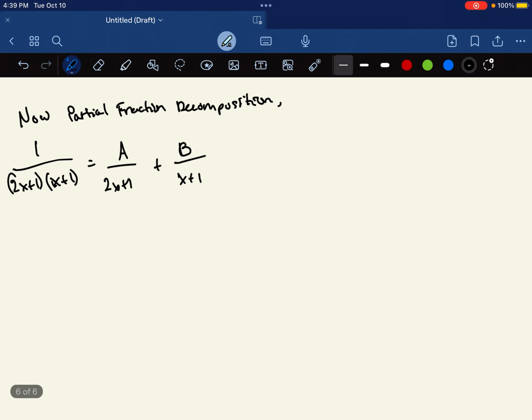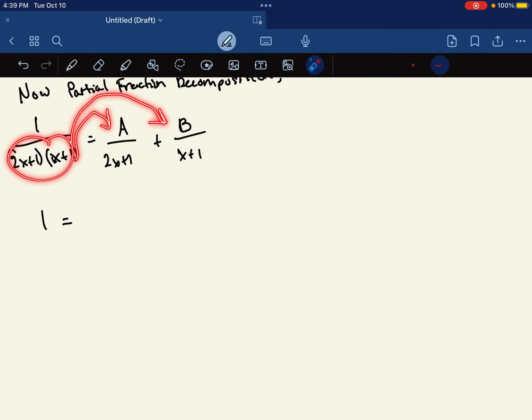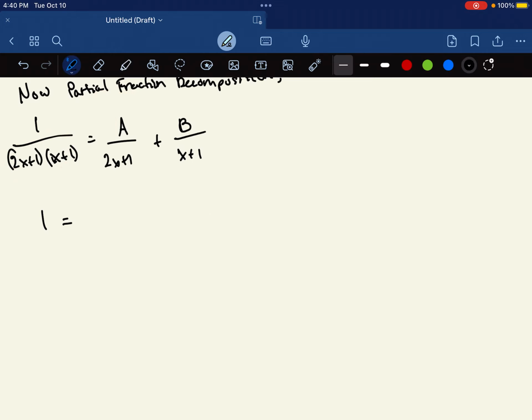Okay, now we go on to removing the denominator. So we've got 1 is equal to, we're just going to multiply this times that and times that. That will get rid of the left side, and that will change up the right side, you'll see.